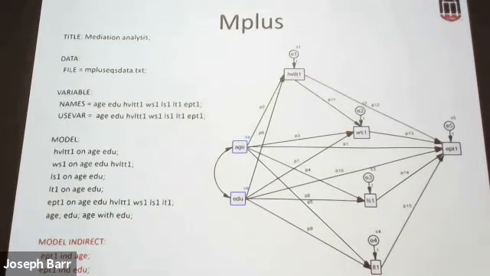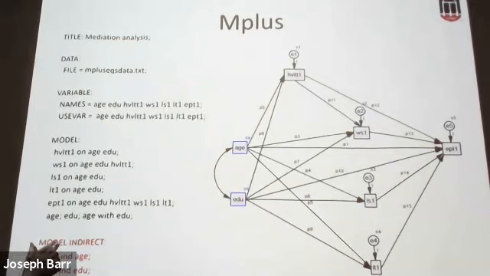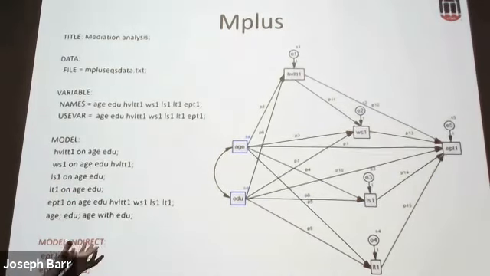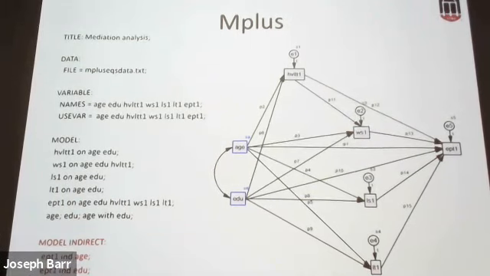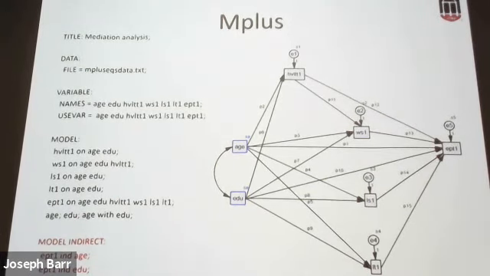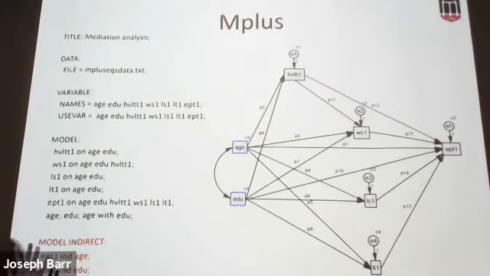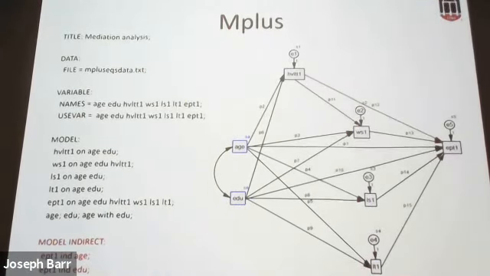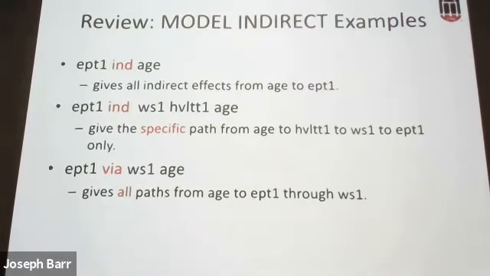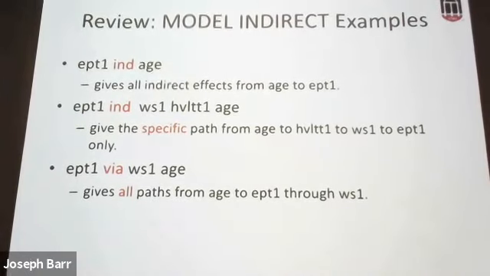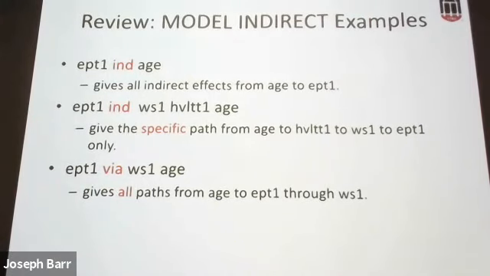But as we need to investigate the mediation effects, we need to make this option available: model indirect. What kind of mediation effect would we like to investigate? EPT IND H. Do you still remember the difference in the usage of IND and VIA?